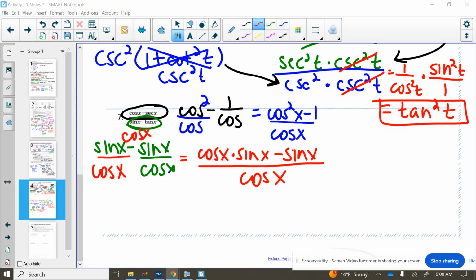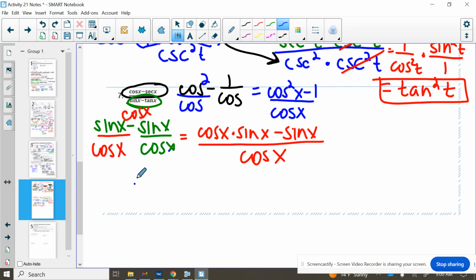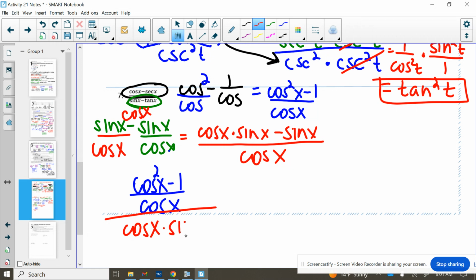So right now, if we bring this back to being one fraction, we have cosine squared of x minus 1 over cosine. And then in our denominator, we have cosine x times sine x minus sine x all over cosine.